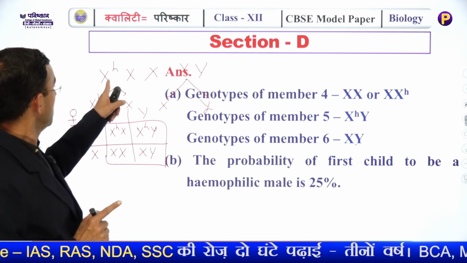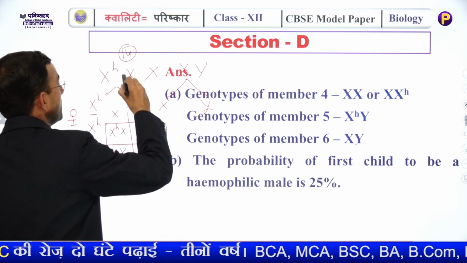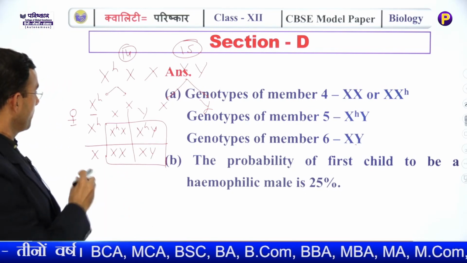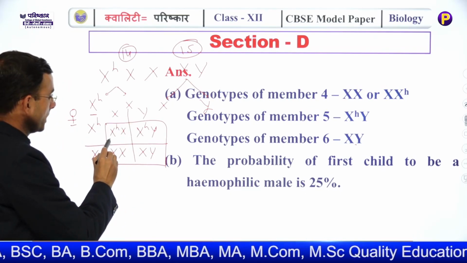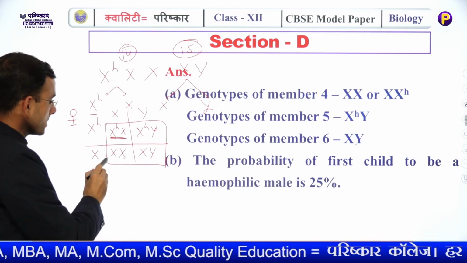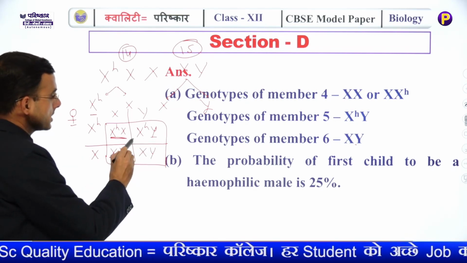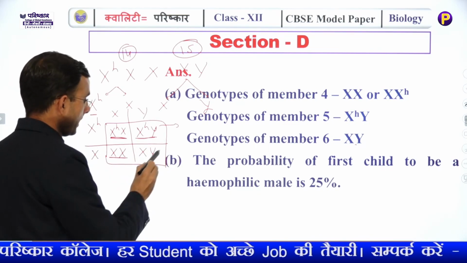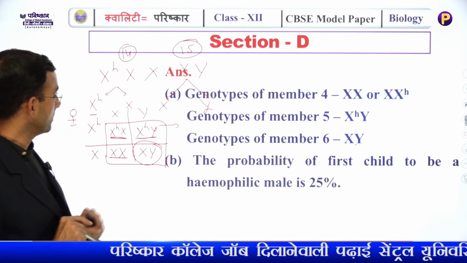So when the carrier woman number 14 marries a normal person, these are the egg combinations and these are the sperm combinations. This one is a carrier female, this one is a normal female, this one is a male, but this male is hemophilic and this male is normal. So what is the percentage of this?